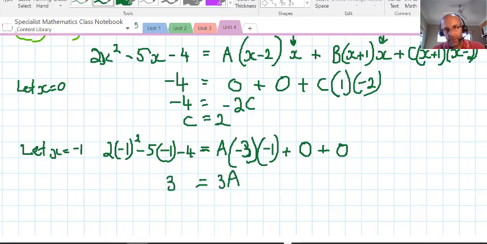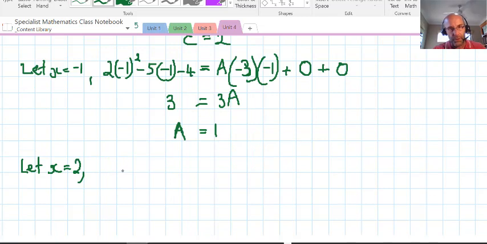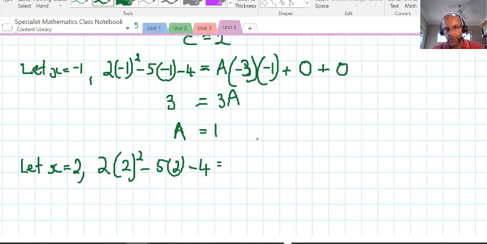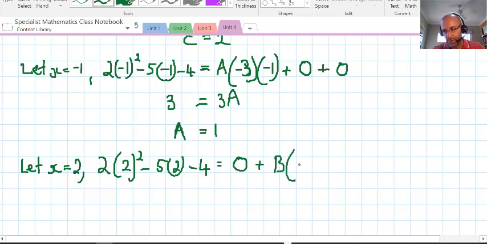Lastly, let x equal 2, so we sub that in. The term involving a comes out as 0 because one of the factors is 0. And then we've got b times 3 times 2. And the third factor contains an x minus 2 factor, so that'll come out as 0 as well.